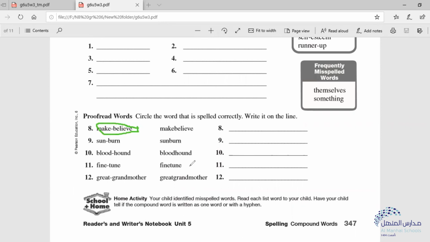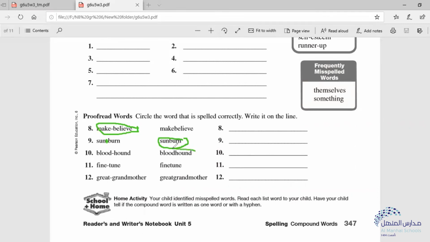You write it correctly. Sunburn. Sunburn shouldn't be with a hyphen. So this one is wrong, and this one is the correct one. Sunburn. And the next word is bloodhound. Bloodhound should be one word, not a hyphenated word.